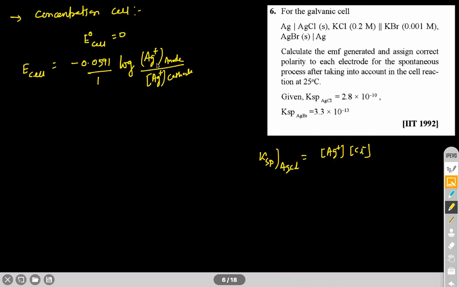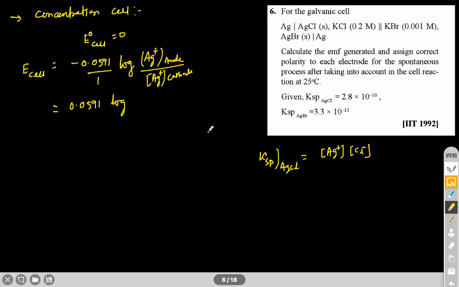Correct? So here the expression we get is, minus sign I'll take here, 0.0591 log of Ag plus at cathode, means on the right side, right? Cathode means AgBr.